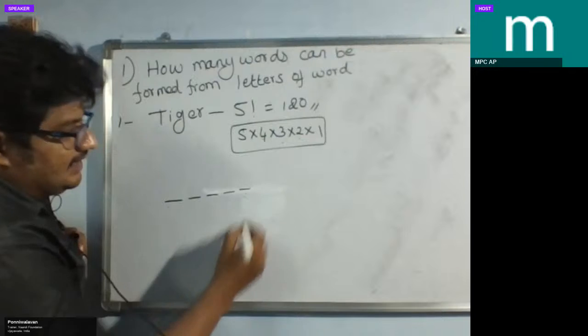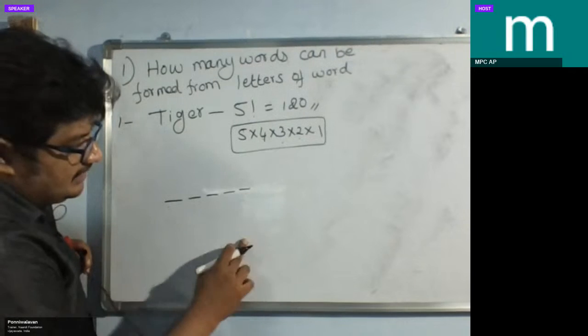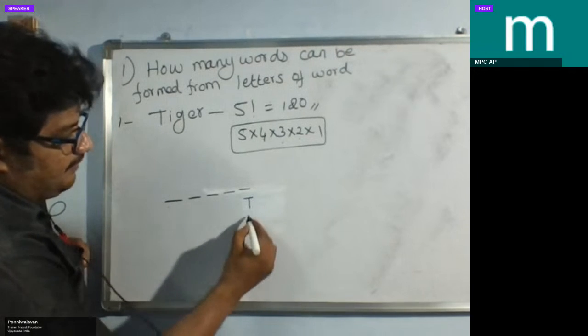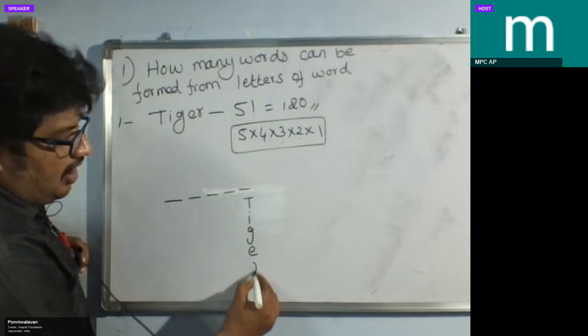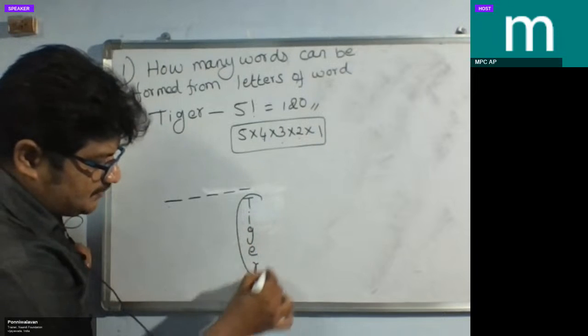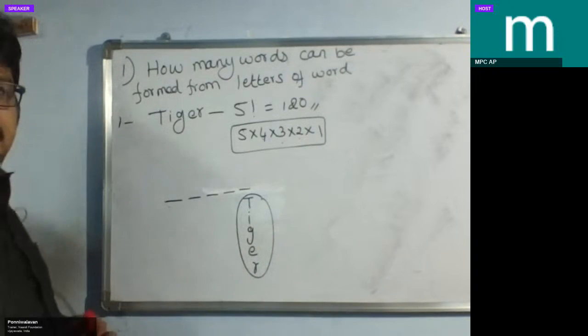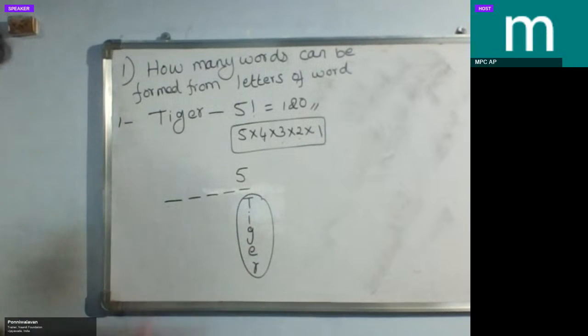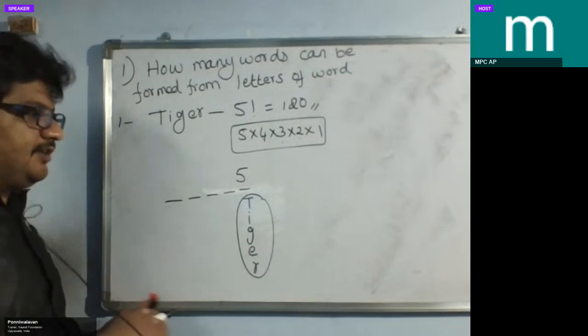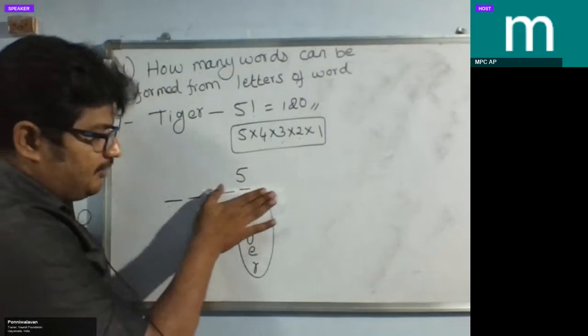Here, how many letters are possible? T may come, I may come, G may come, E may come, R may come. So 5 letters are possible. Select any one letter. For example, if I put T here.